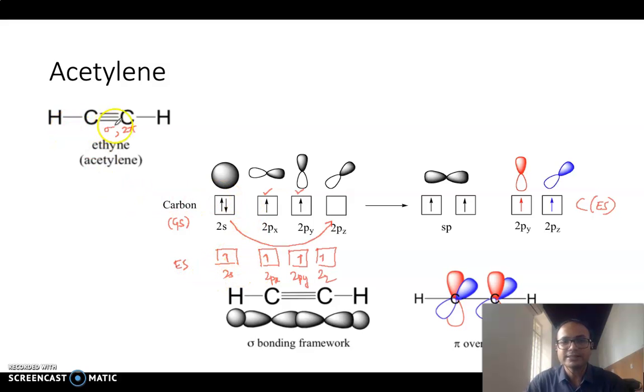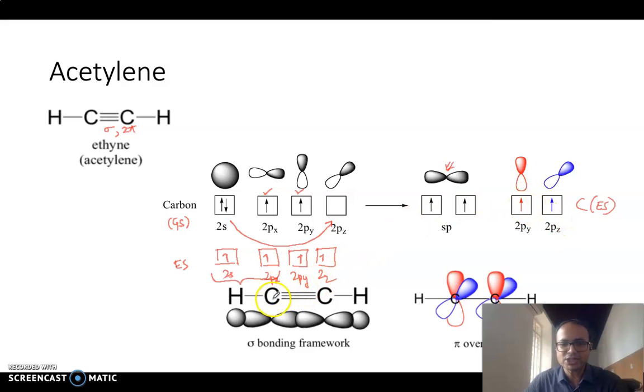Now since two bonds are formed, we require only two unpaired electrons. So we will do the hybridization of one s and one p orbital, leading to two hybrid orbitals, each containing one electron, as we discussed in the table for beryllium fluoride. So these are the two hybrid orbitals of the carbon atom, and these are the two unhybridized p orbitals.